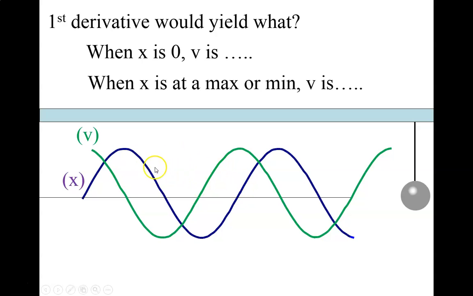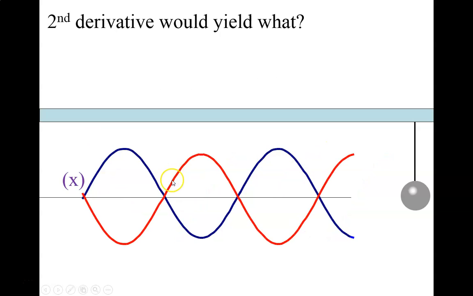When x is at its maximum or minimum, so here we've got x at a maximum, our velocity was 0. And here we've got a minimum and it's 0. That's to say that when the car reaches its outermost points, it comes to a stop briefly.